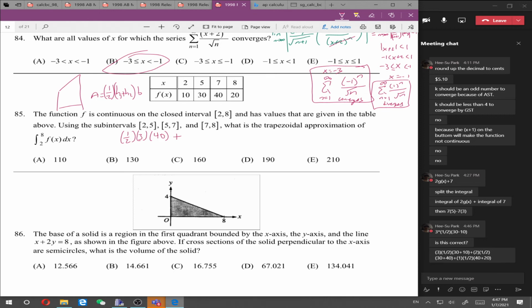Okay, that was perfect. So 1/2 times 70 and 1/2 times 160. If I add all of that together, what do I get?